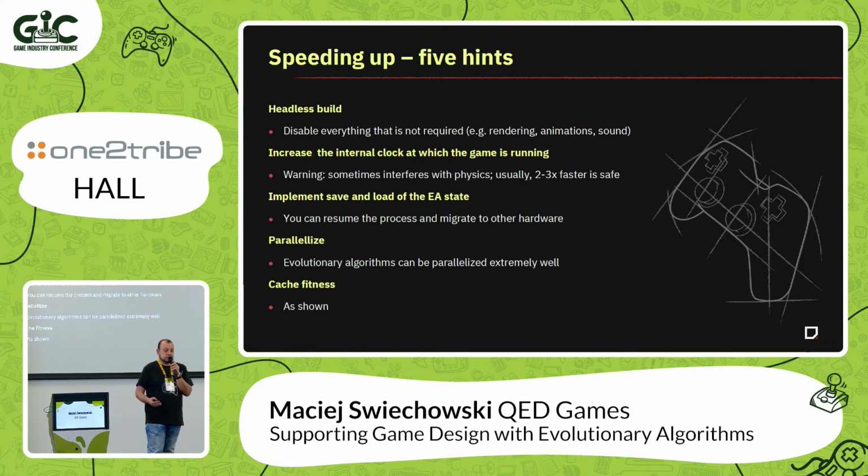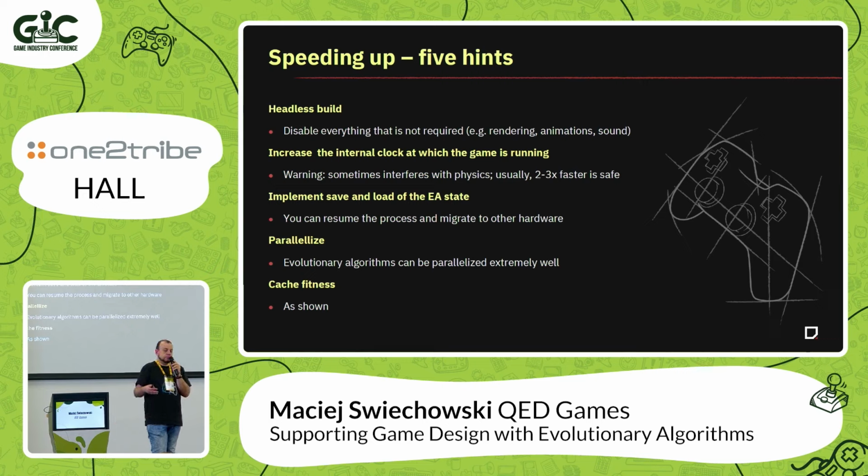But since we use only AI bots, we can do a headless build without graphics, animations, or sound, just the logic of the game. Also, we can increase the internal clock of the game. In practice, it usually works up to 2 or 3 times, because then the physics will probably blow up. But it is usually feasible to make the game run 2 or 3 times faster, since it's played by bots, not by humans.